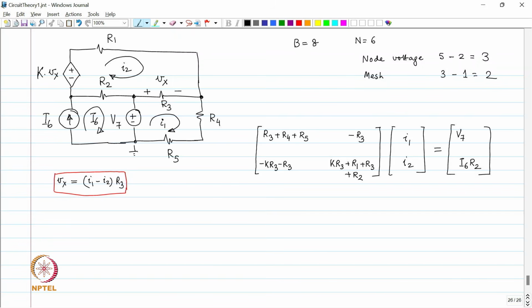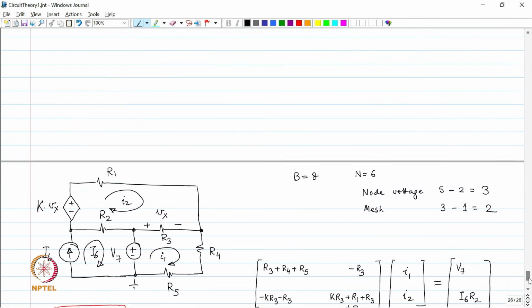What do you notice? This is done. What do you notice about this matrix? It is not symmetric, whereas all of my previous ones were symmetric.